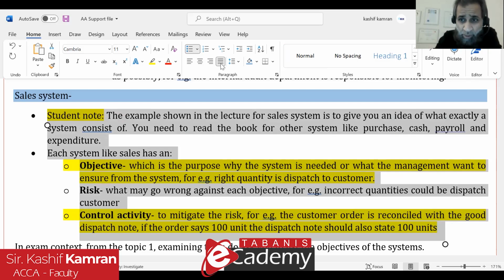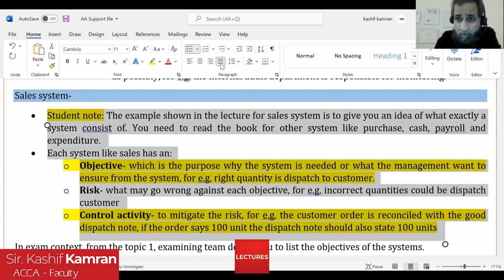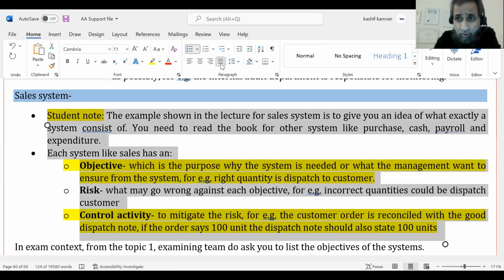I will be solving questions on different systems, on payroll systems and purchase systems and expenditure systems once we go into the topic 3 and topic 4. So I believe those solving of systems in the classes would also benefit you from the book reading. So when you do the book reading, and if you have a query, wait for the query to be asked till the time you do the topic 3 and topic 4. I believe topic 3 and 4 will mitigate your queries, but the current issue is read the book.